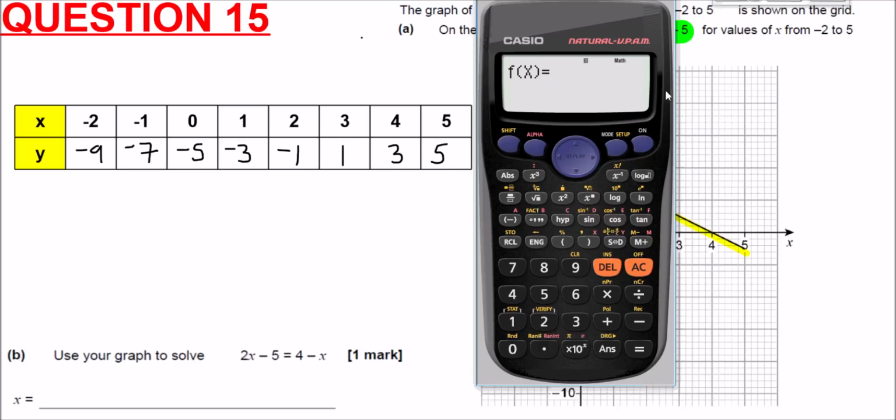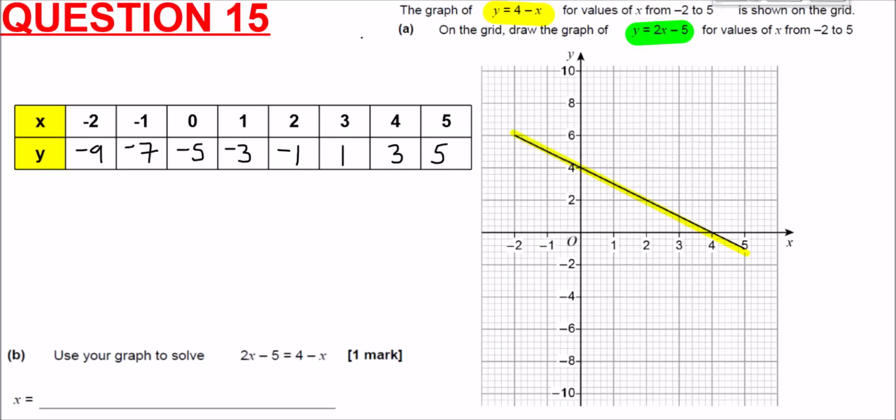Anyway, now we've got the table of values and completed it, the only thing left to do now is to plot the points. As I said before, the only thing you need is 2 points in order to successfully plot a straight line graph. So I'm going to just take minus 2. So minus 2 and minus 9 will be this point here.